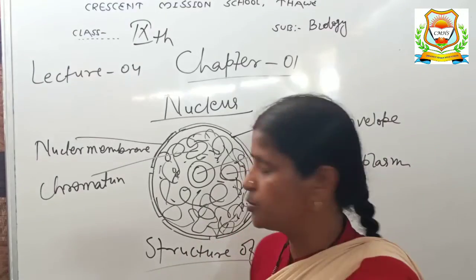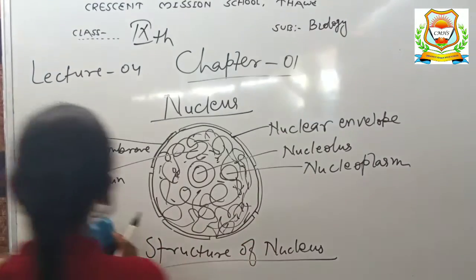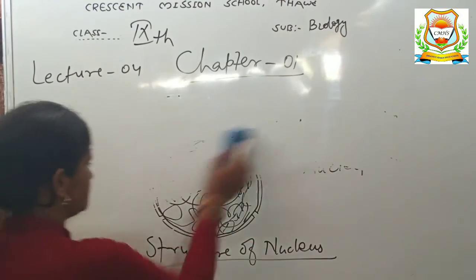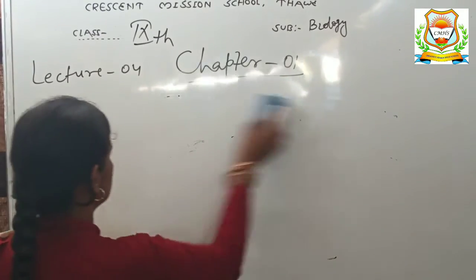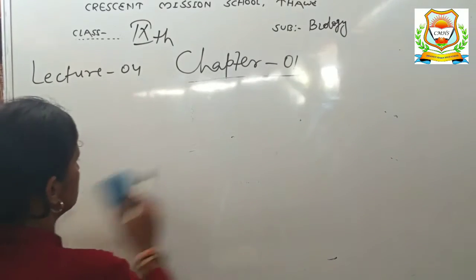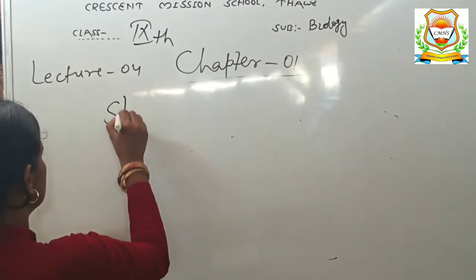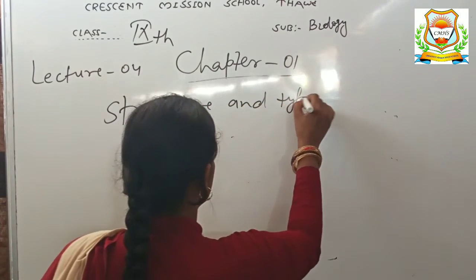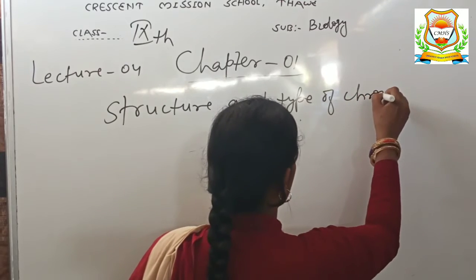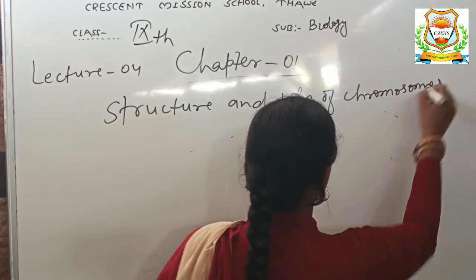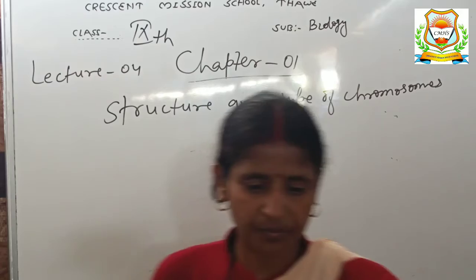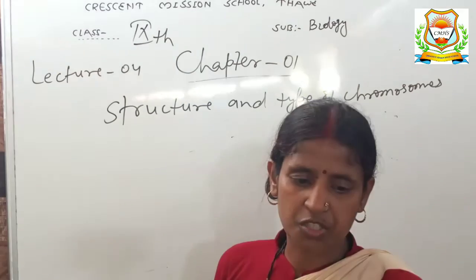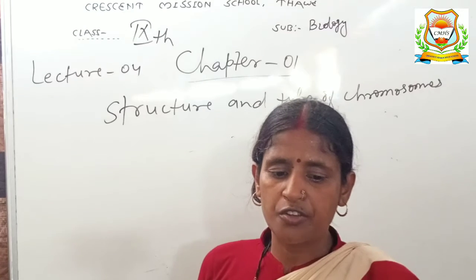Structure and types of chromosomes. A chromosome is a deeply staining rod-like structure with a part that is usually constricted.